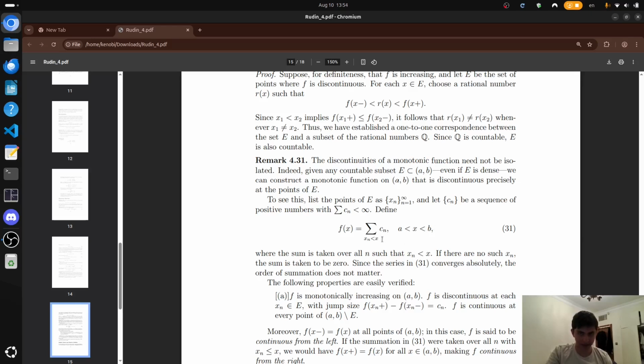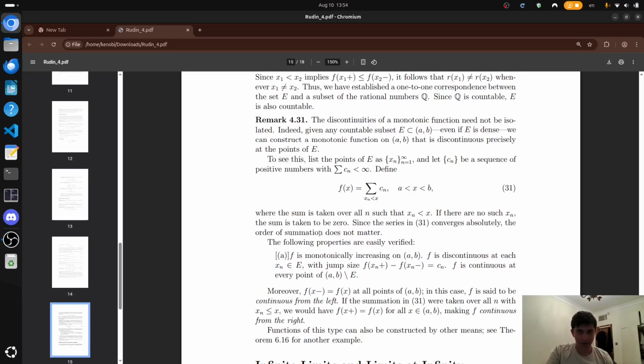That's how we're defining it. The sum is taken over n such that x_n is less than x. If there are no such x_n, the sum is taken to be 0.